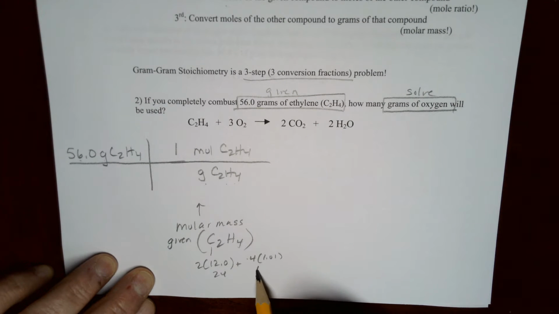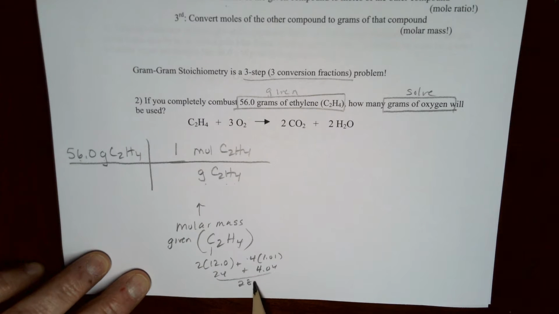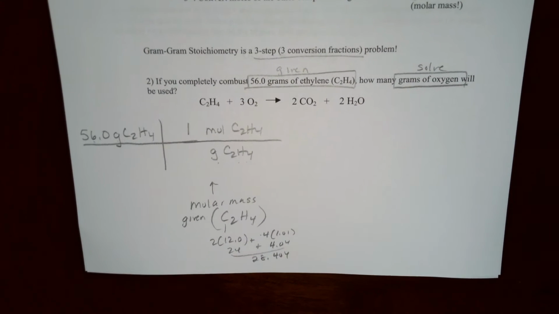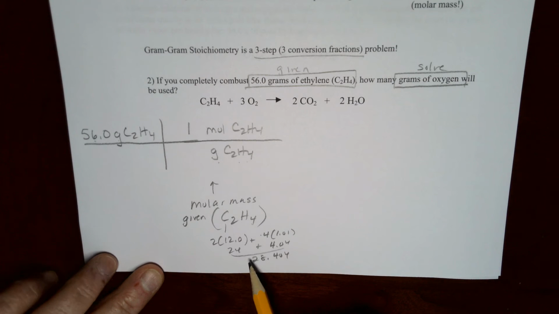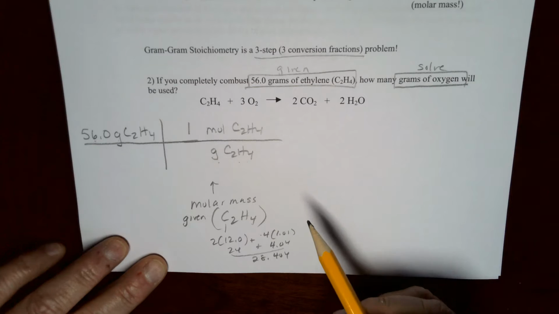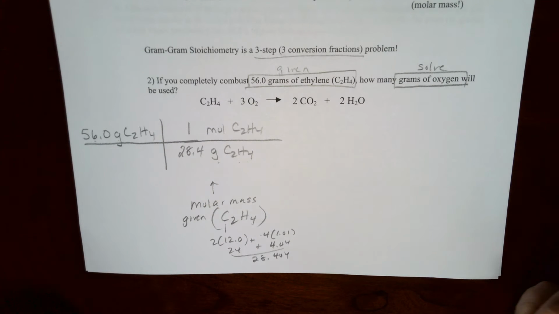So 24 plus 4 hydrogens at 1.01, that's going to be 4.04. So adding that up, I'm going to get 28.404. Okay. And if I'm doing my sig figs properly, this really works out to 28.4, I believe. 24 plus, yeah. Let's see.